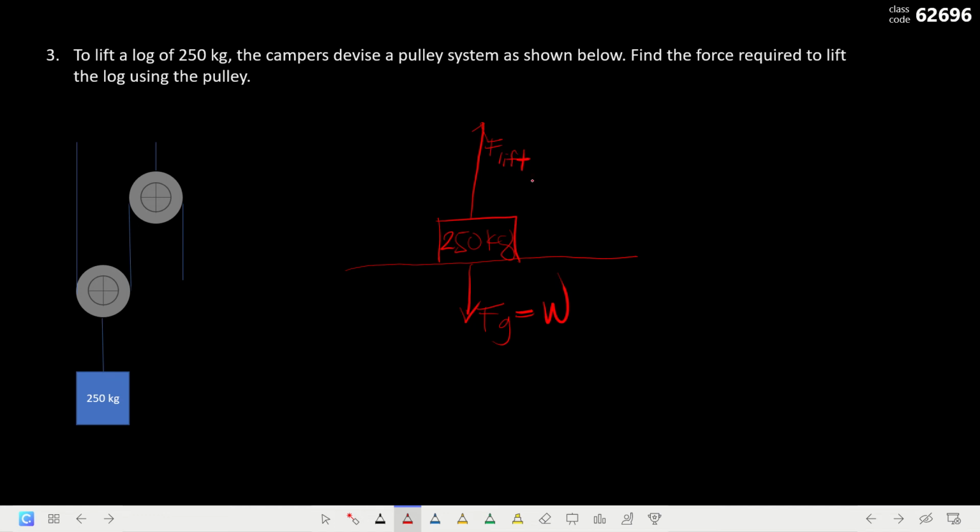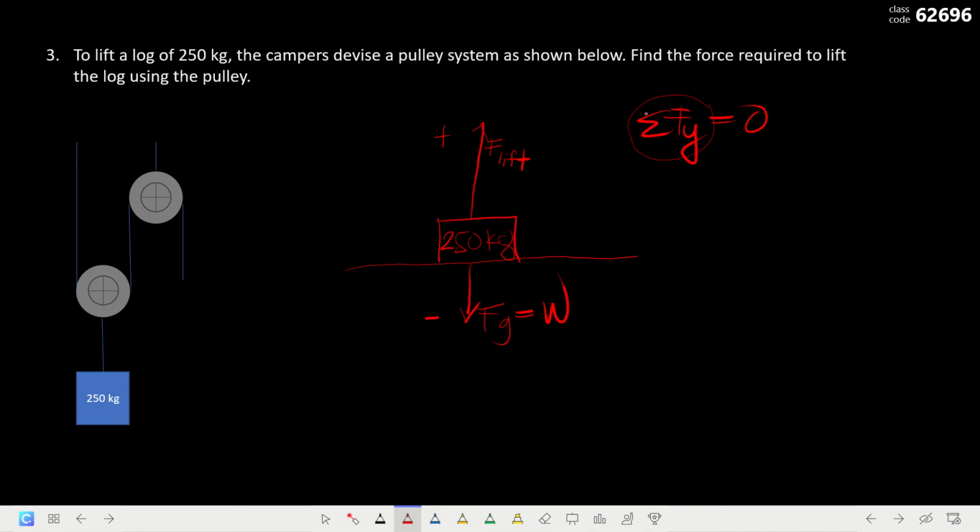Let's call this force the force of lift. Since this is initially at rest, we assume that the summation of forces along y is equal to 0. To solve for the net force along the y-axis, we get the sum of the forces acting along the y. We have here the force of lift, which is directed upwards, and our weight, which is directed downward. Since they are directed opposite to each other, let's assign the upward force to be positive and the downward force to be negative.